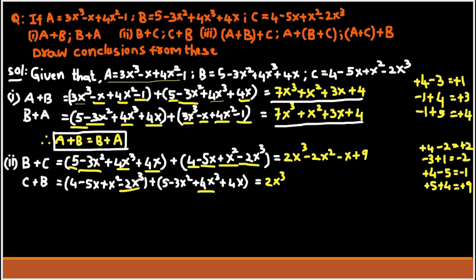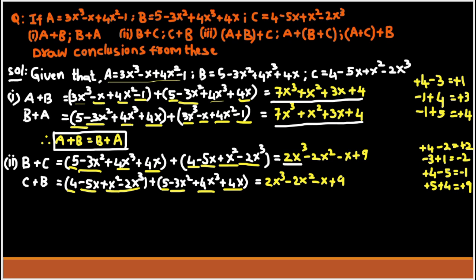Minus 2 and plus 4, which is plus 2. So it is 2x cube, and plus x square from c minus 3x square from b, plus 1 minus 3, which is minus 2. So it is minus 2x square, and minus 5x from c plus 4x from b, minus 5 plus 4, which is minus 1.